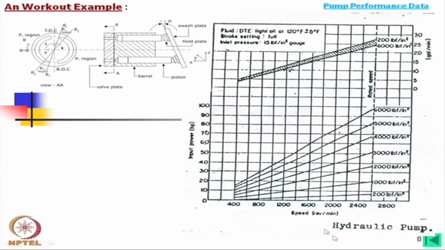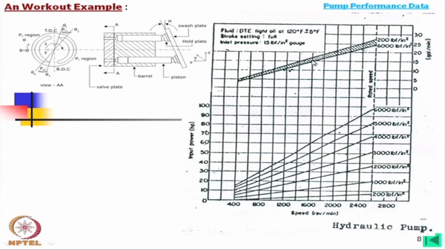Now, here we have considered the variable displacement pump, the swash plate type pump, which we can move and by that increase or reduce the swept volume. Now, the characteristics of this pump are shown here.